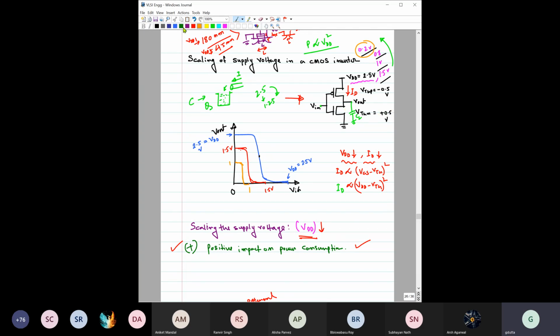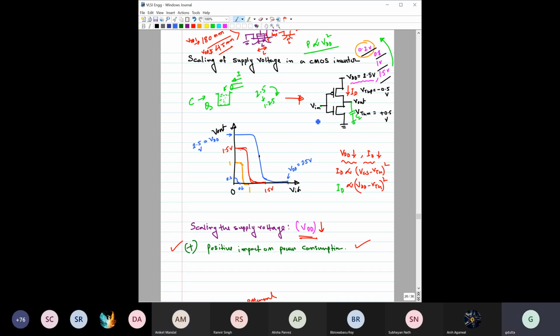The answer is yes. Even at 0.2 volt it will work, and you will get a VTC which is something like this. Now the question is, how is it possible? We are considering that VGS is never less than VTHP, so how will it work?